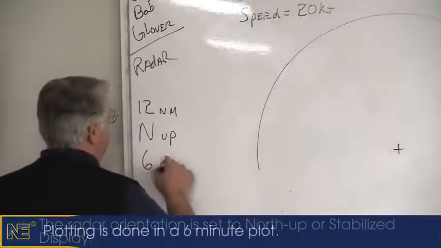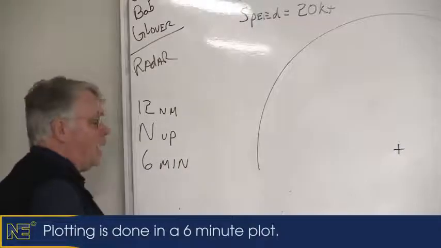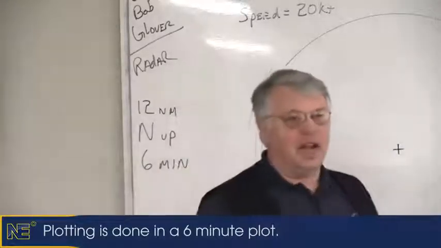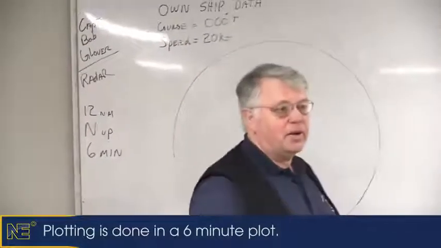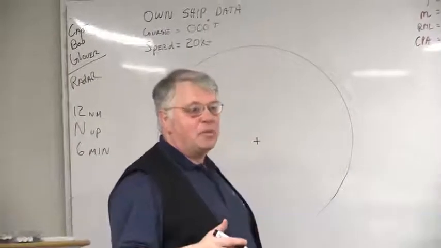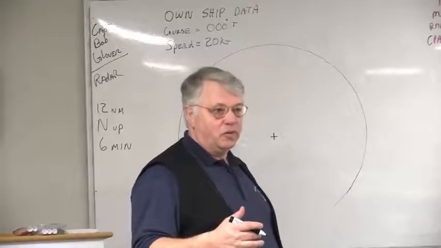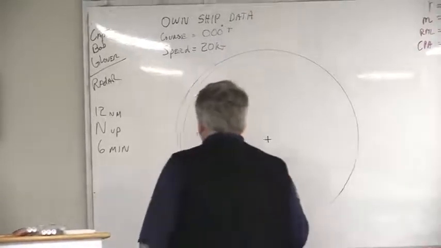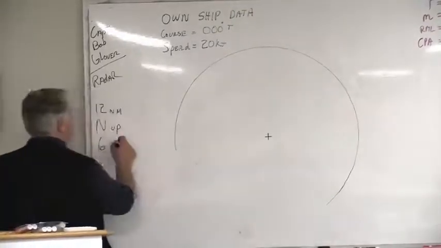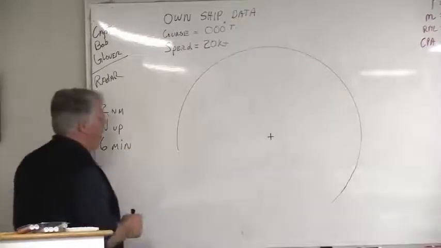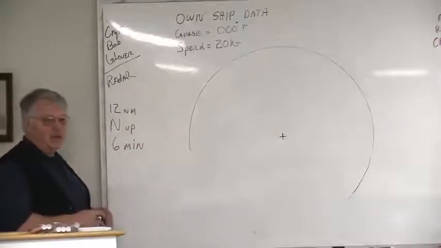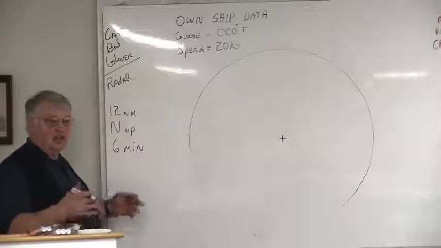We're also going to do everything in a 6-minute plot, and we discussed that at length yesterday. We broke everything out and looked at the mathematics behind the 6-minute plot and what we call the 10th rule. So everything is going to be in a 6-minute plot, and that'll help us learn this as quickly and consistently as possible until we get it down.